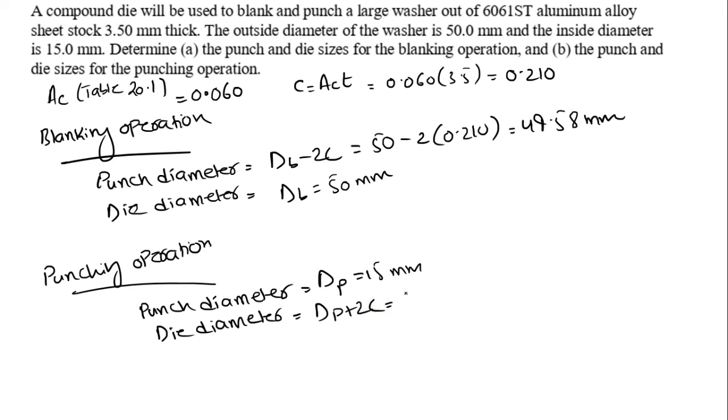So we have 15 plus 2 into 0.210. So that should be equal to 15.42 millimeter. That's the diameter of the die.